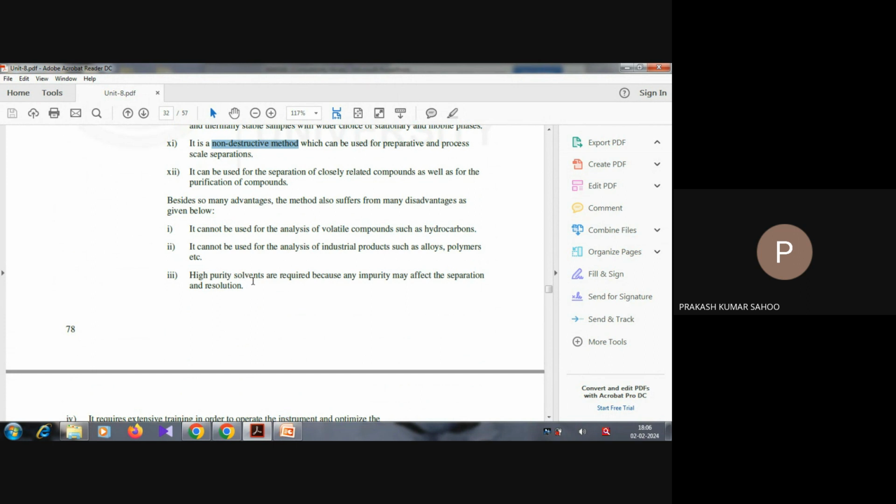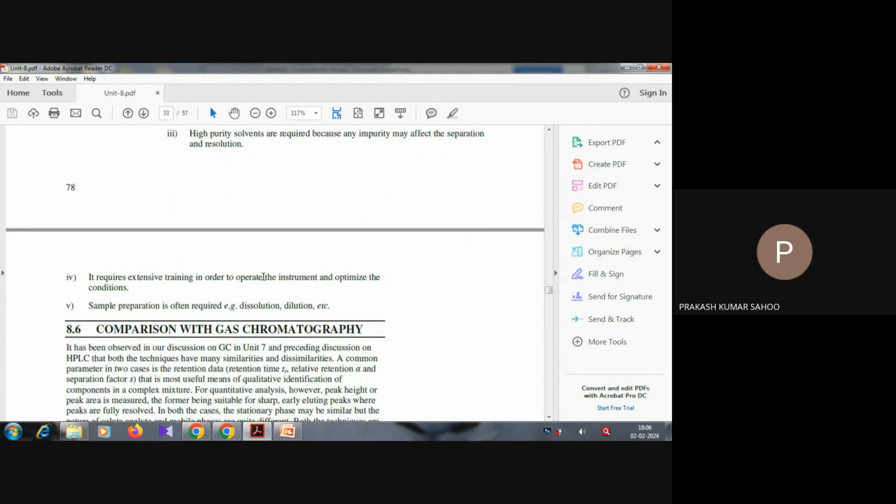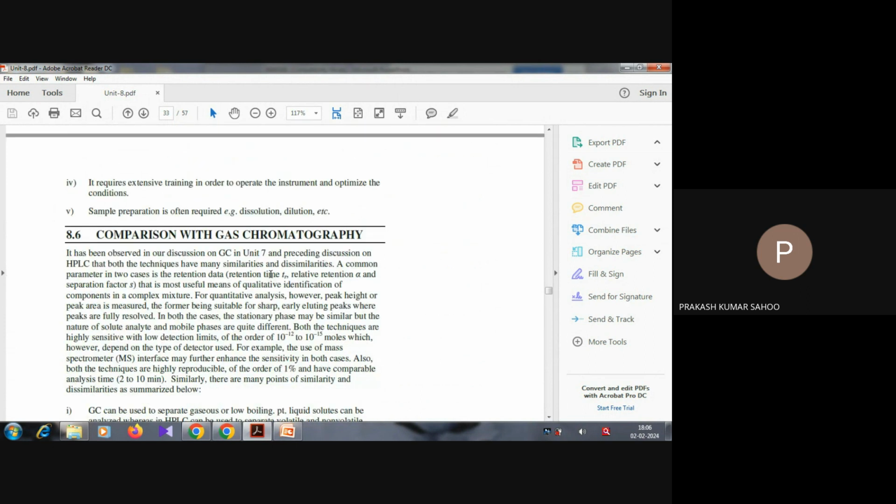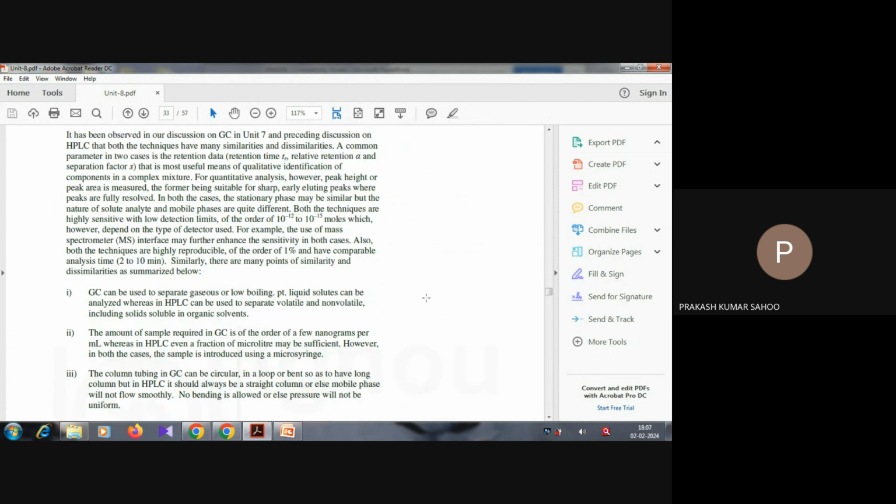So this is a limitation or disadvantage. It requires extensive training in order to operate the instrument. Sample preparation is often required that involves dissolution and dilution. So these are some advantages and disadvantages of your HPLC, followed by our comparison with gas chromatography.